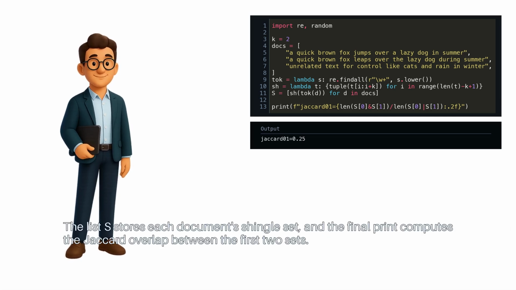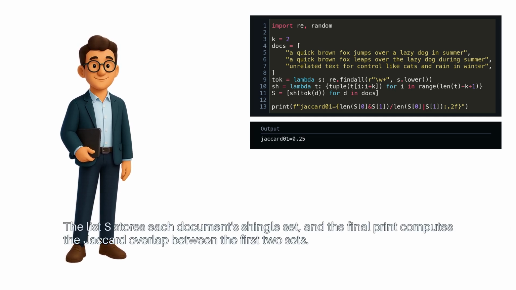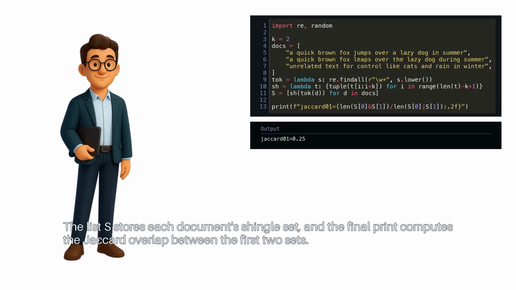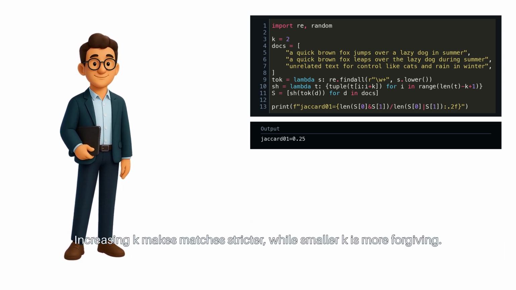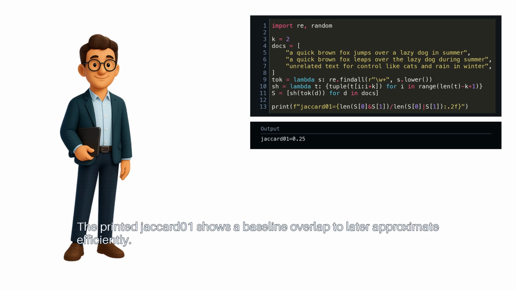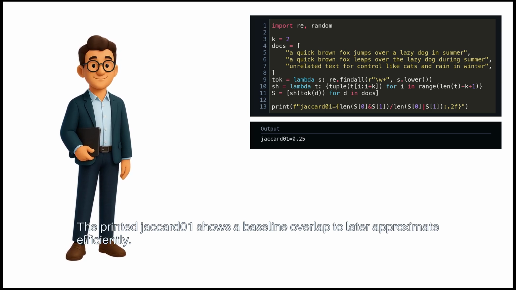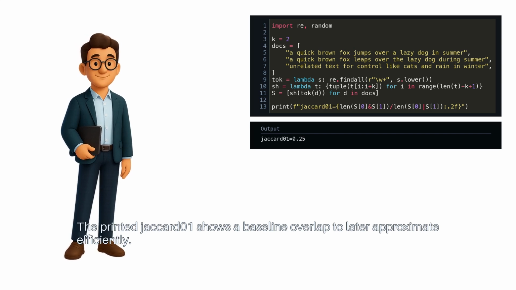The list s stores each document's shingle set, and the final print computes the Jaccard overlap between the first two sets. Increasing k makes matches stricter, while smaller k is more forgiving. The printed Jaccard 01 shows a baseline overlap to later approximate efficiently.